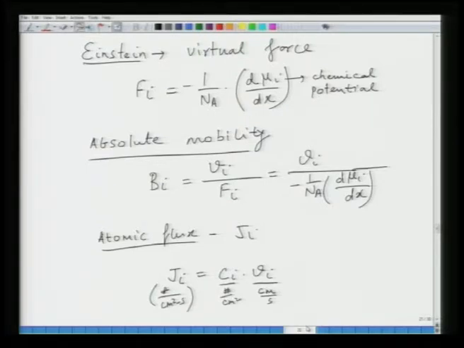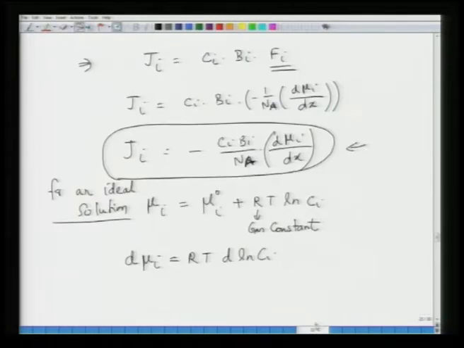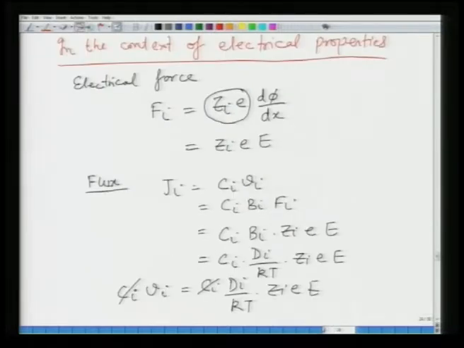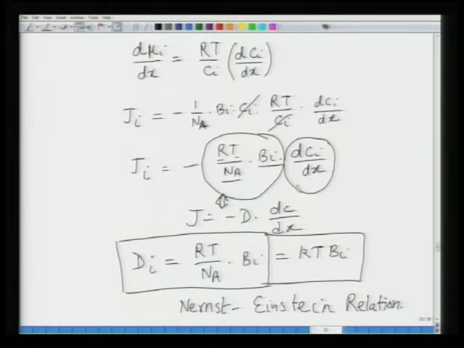From this we can work out the flux, and then we can relate this flux in terms of the chemical potential gradient, which can then be converted into a concentration gradient, and what we get is a relation for the diffusivity.